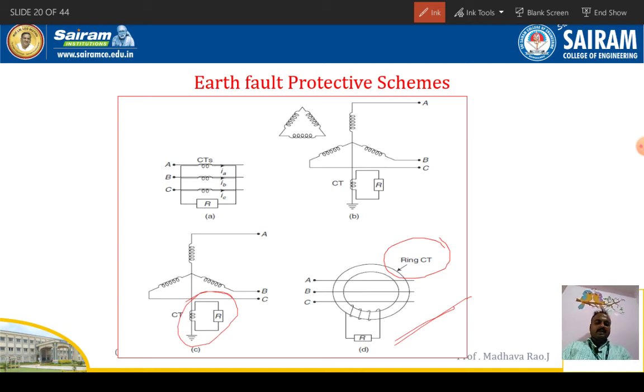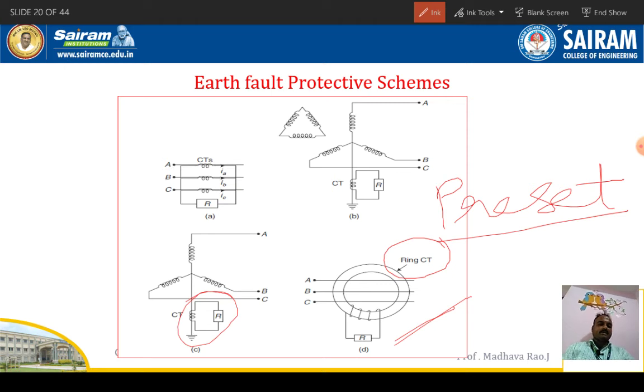The current transformer sends all three currents, and whenever the neutral current is not equal to 0, there is a fault. Here we have a preset value, that is, a specified value of current. Whenever the current exceeds this preset value, this relay will operate and isolate the fault.